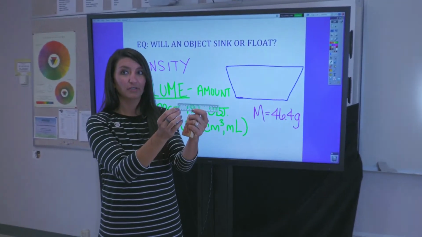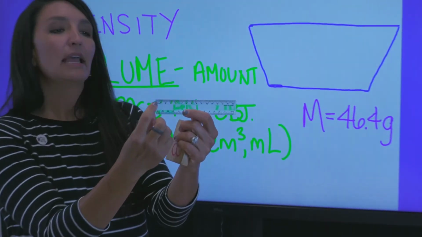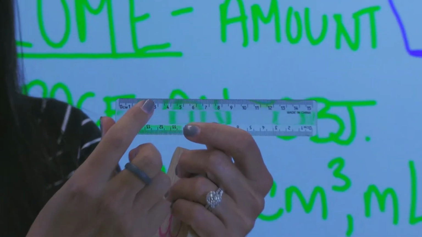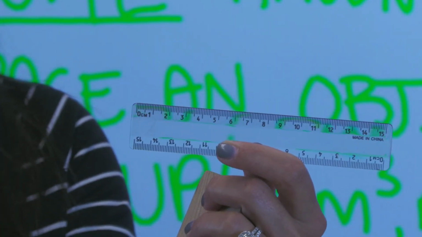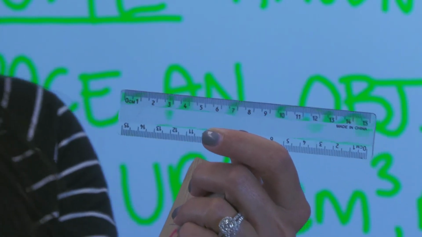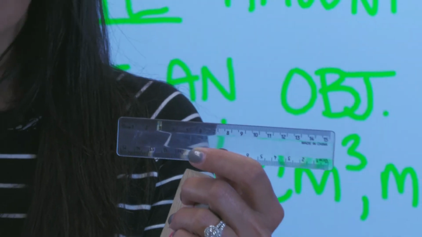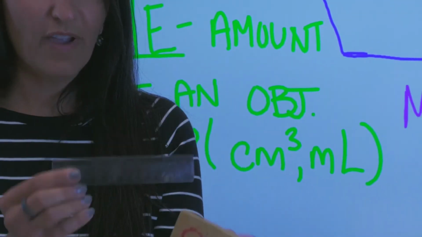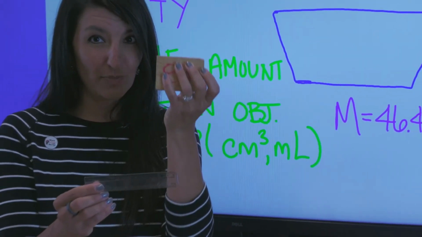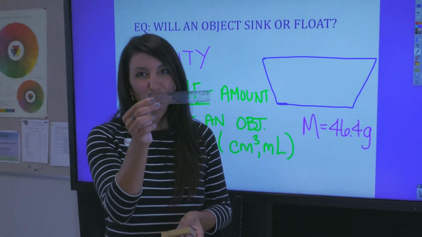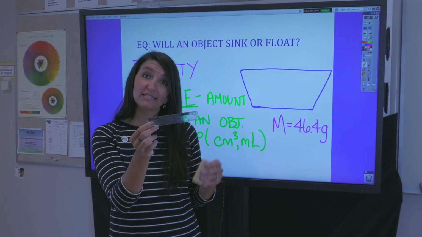And each one of these little lines is actually 1/10 of a centimeter, which is again ideal because we have to round, as we did for mass, all of our answers for volume to the nearest tenth. So when we find our volume of this regularly shaped solid, we use something as simple as this ruler. And we're actually going to break that down in a second.